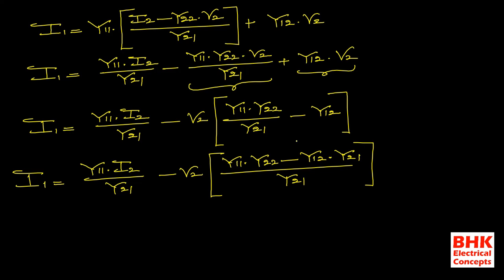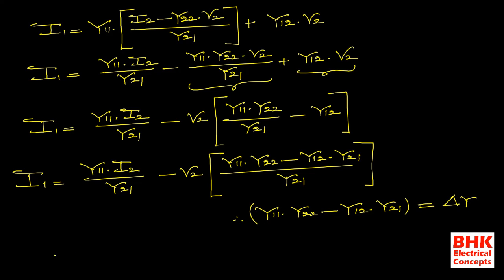Now this numerator term, Y11 into Y22 minus Y12 into Y21, instead of this whole term I can directly place delta Y for simplification purposes.